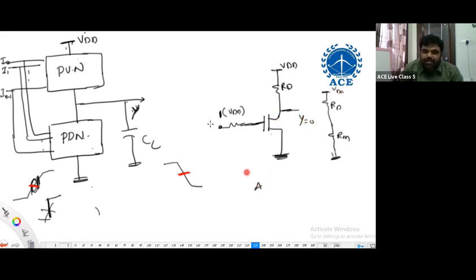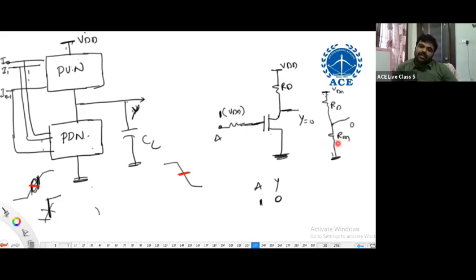If A is 1, output is 0, assuming R on is very negligible.